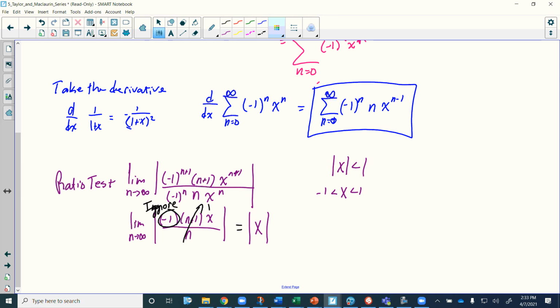And because we're not adding or subtracting anything directly to the x itself, this one is going to be centered at 0. And the radius of convergence in this case is just going to be 1.